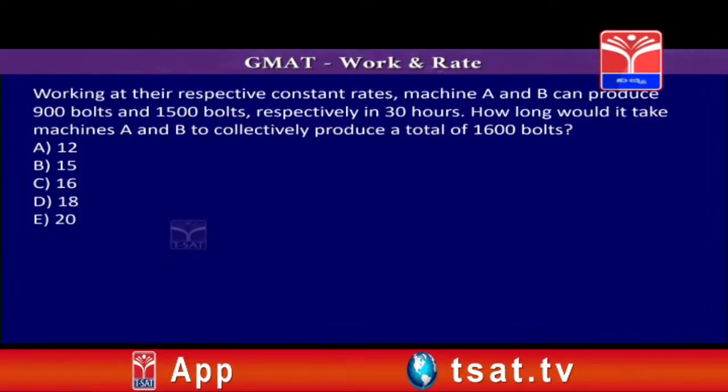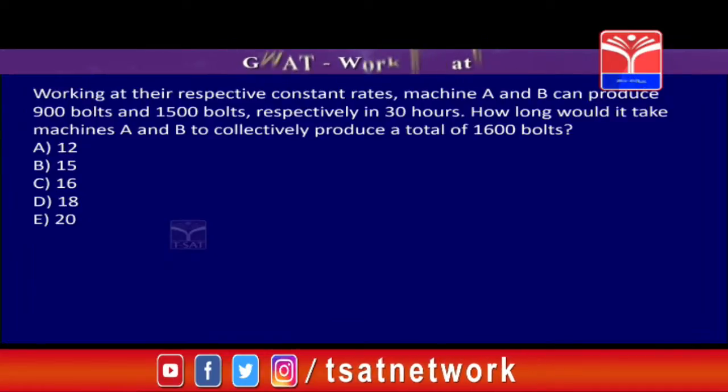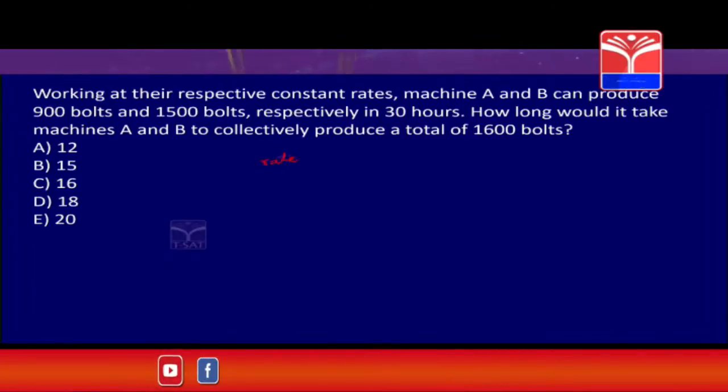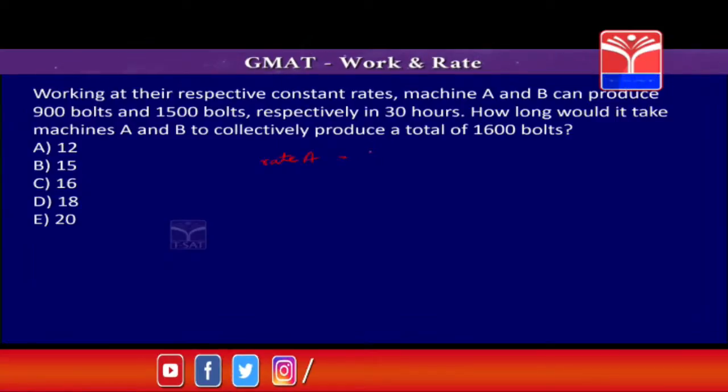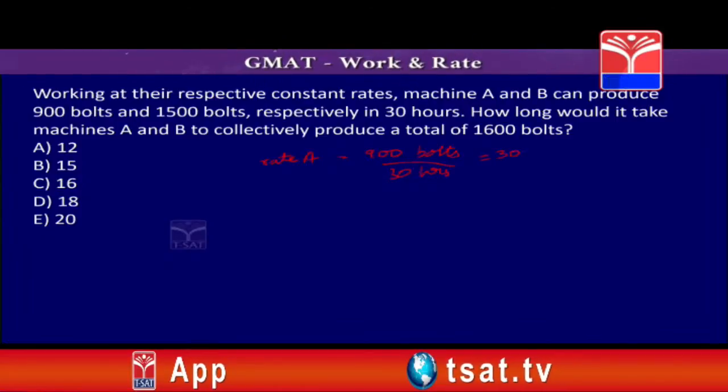Working at their respective constant rates, machines A and B can produce 900 bolts and 1500 bolts respectively in 30 hours. How long would it take machines A and B to collectively produce a total of 1600 bolts? So the constant rate of A is 900 bolts in 30 hours, so its rate comes out to be 30 bolts per hour.